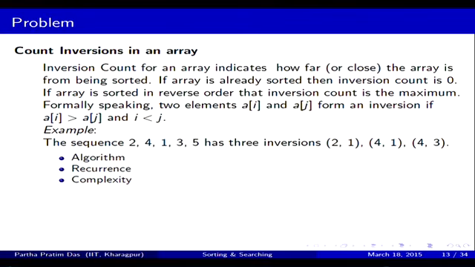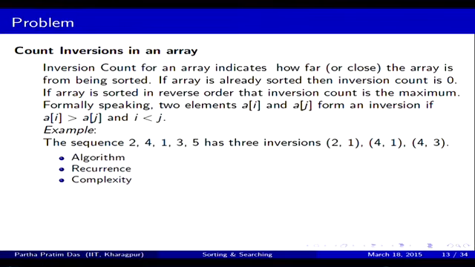For example, 2 and 4 are in right order, but 2 and 1 are not in the right order. The 1 should have been to the left of 2, or 4 and 1 are not in the right order. Whereas 2 and 3 are in the right order, but 4 and 3 are not in the right order. So, as many pairs as you find that are not in the right order is called the number of inversions.